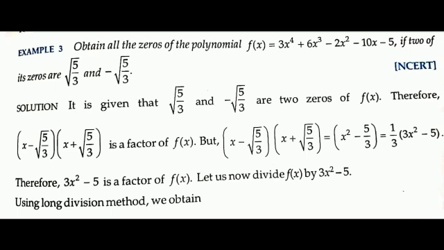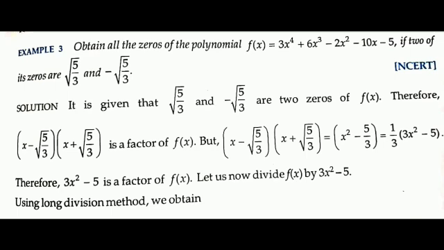So the product of these two terms gives us x square minus 5 by 3 using the identity a minus b into a plus b. So on simplification we have 3x square minus 5 by 3. Therefore from here we can say that 3x square minus 5 is a factor of f(x).